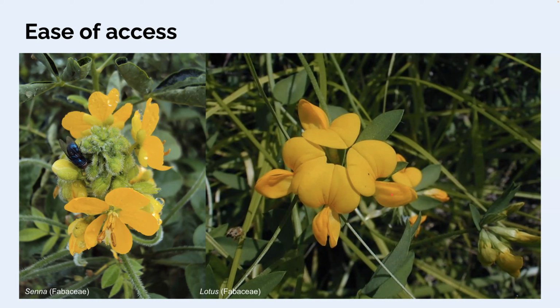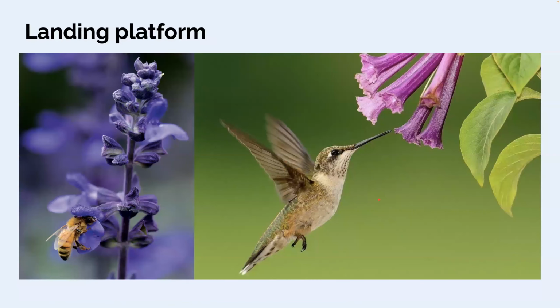So if part of your visual cue to identify a flower you want to visit is being able to see the pollen you're going to get, this one would be a pretty good way to conceal and keep that evidence from somebody else. So if you're like a beetle, for example, just looking for pollen and you don't see pollen on here, that might cause you not to be attracted to it.